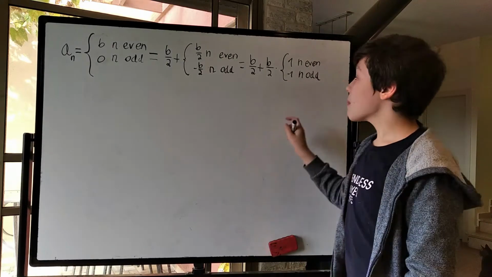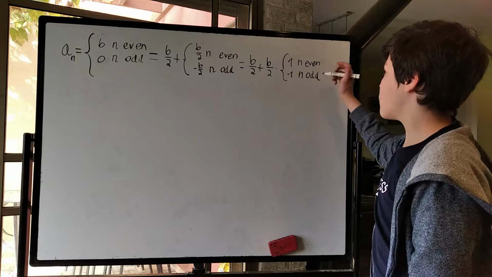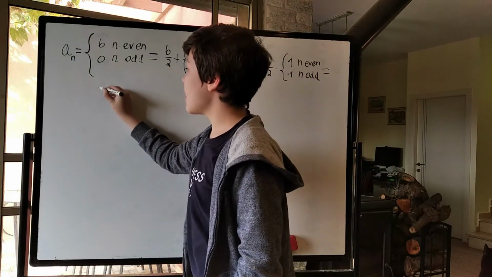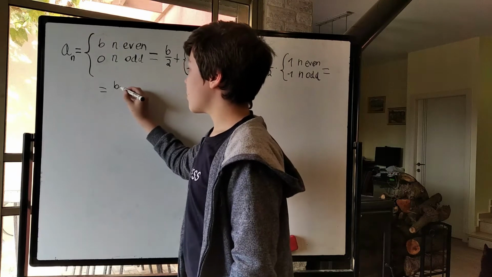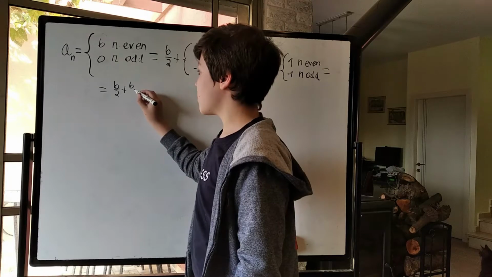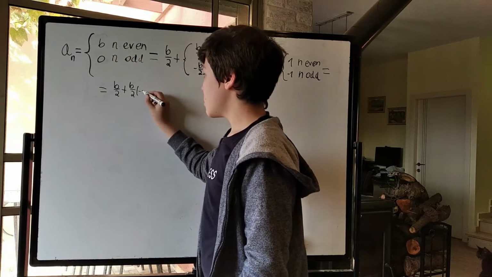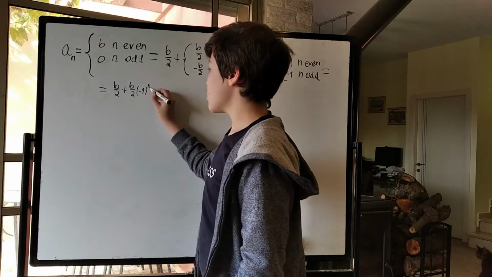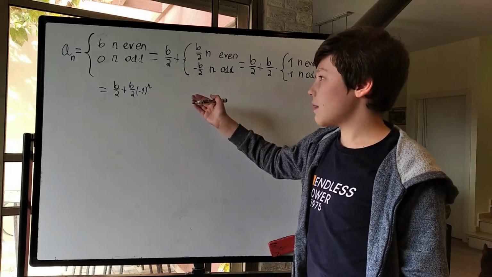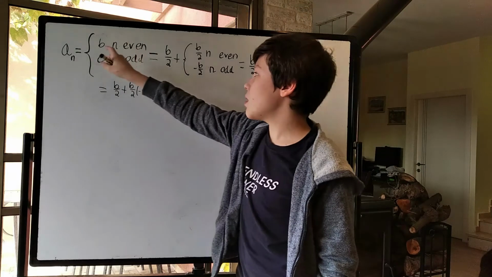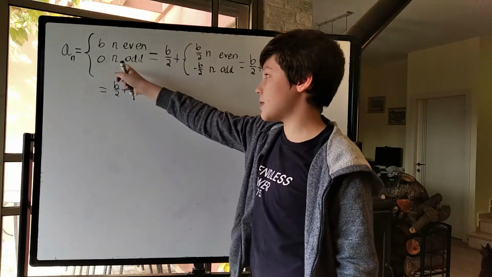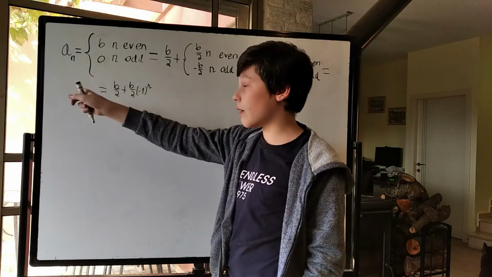And now again, the base case, this is negative 1 to the n. So we're going to have b over 2 plus b over 2 times negative 1 to the n. And that's our formula. When n is even, it's b. When n is odd, it's 0. We'll have that sort of thing going on.